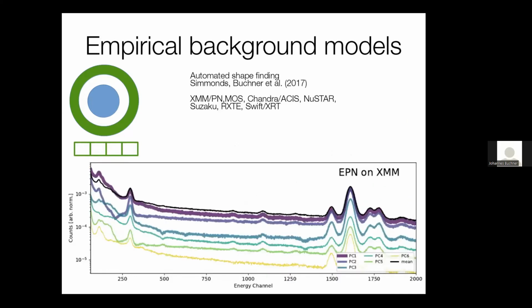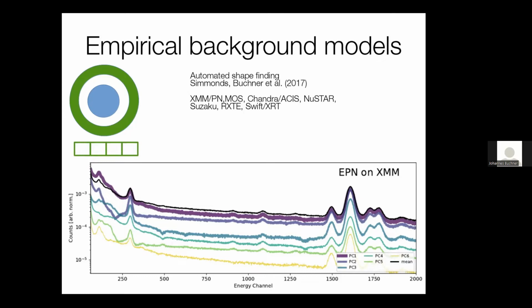A bit more recently, I've been developing this approach to automatically build such models. And this takes advantage of the many years of X-ray archival data that we have accumulated now. So we have, for example, the XMM archive, Chandra archive, NuSTAR, RXTE, Swift archives.